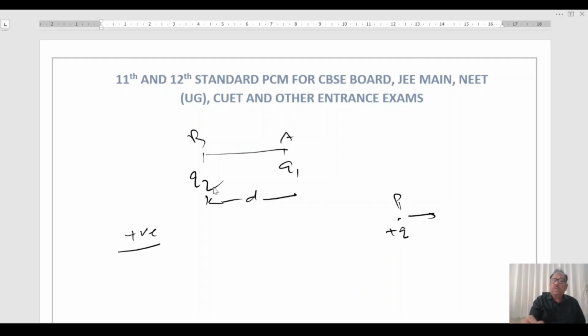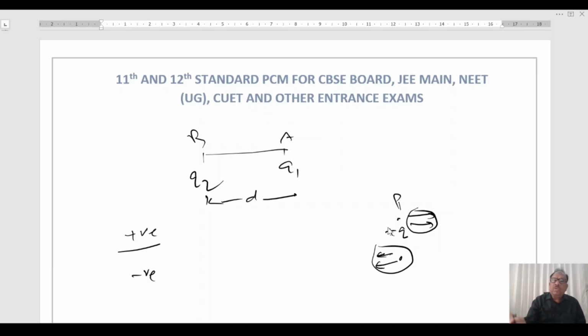Repulsive, repulsive. If both are positive or both are negative, then the forces are attractive, attractive. Both are in the same direction. Similarly, when both are negative, the case is the same.